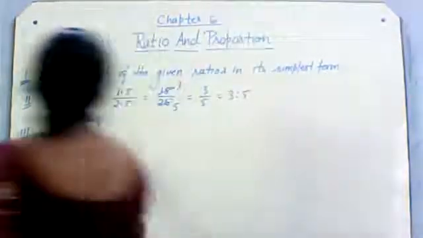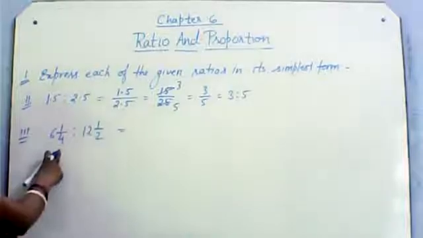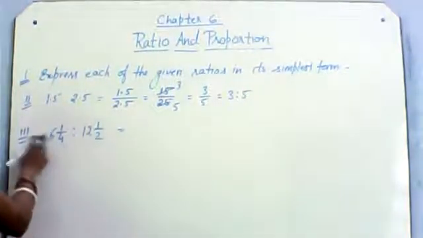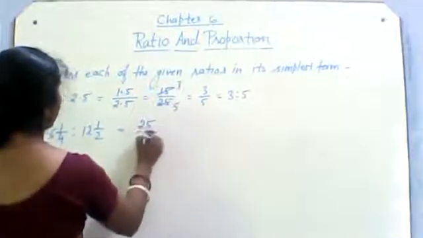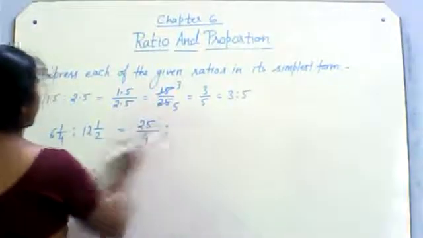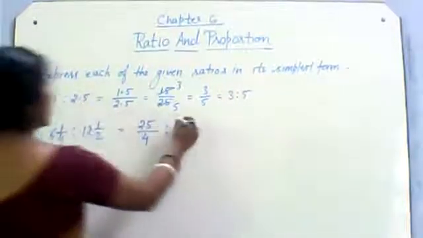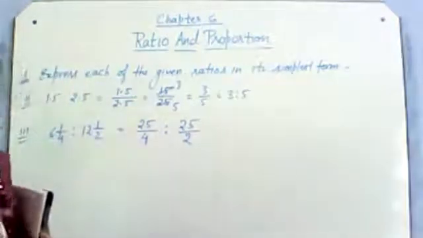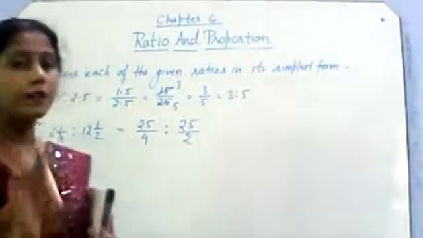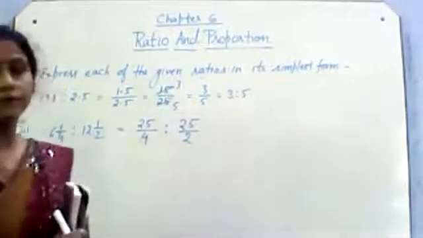First of all, you have to change it into an improper fraction. 4 6s are 24 plus 1, 25 upon 4, ratio 12 2s are 24 plus 1, 25 upon 2. This much is clear.